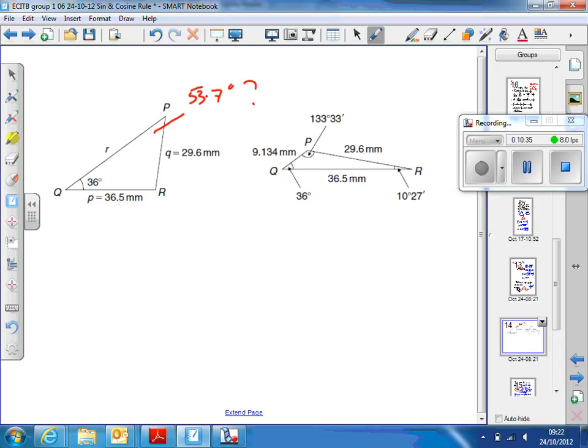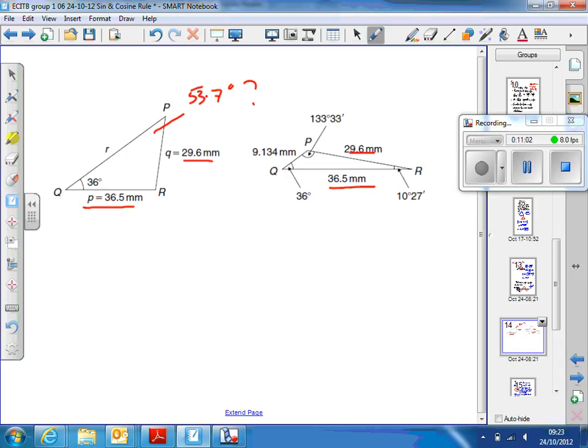But anyway, the point is that we get two possibilities for P. And if you look at these triangles, the length can still be 36.5 millimeters in both, and this length is still 29.6 in both, but this distance here, PQ, will be different in each case.